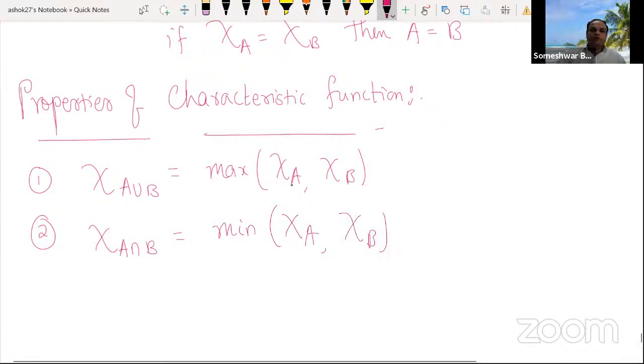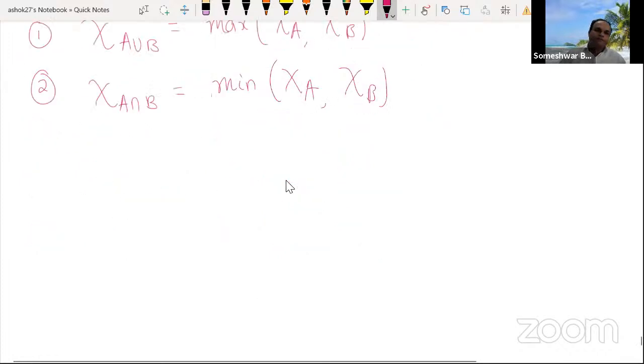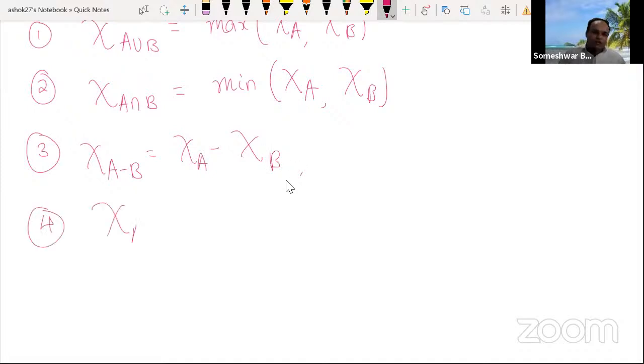What is the third property? Chi of A minus B will be equal to chi of A minus chi of A intersection B. Fourth property: chi of A complement will be equal to 1 minus chi of A. What is the fifth property?